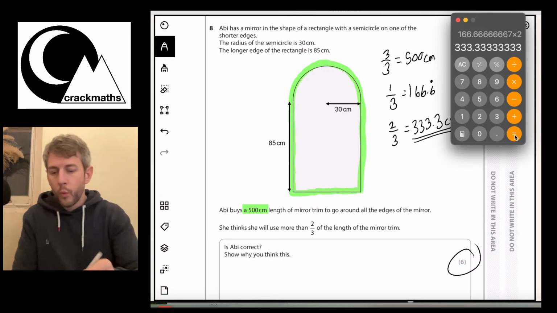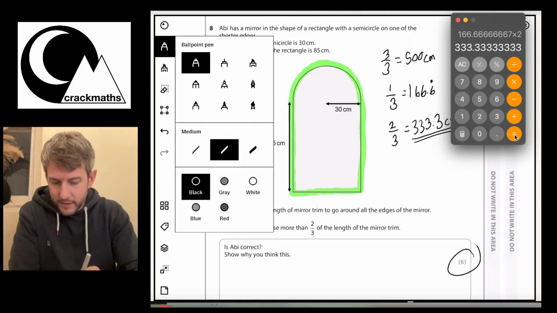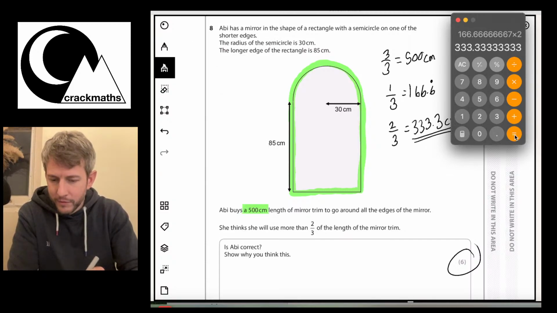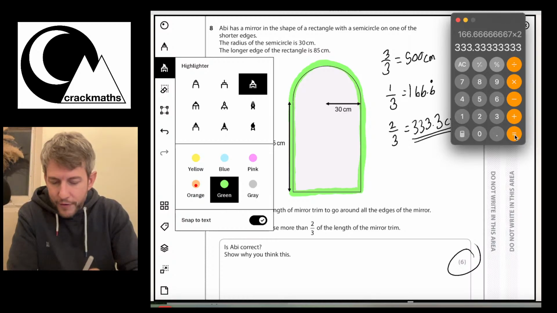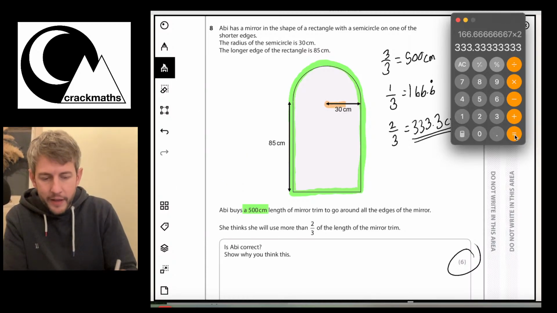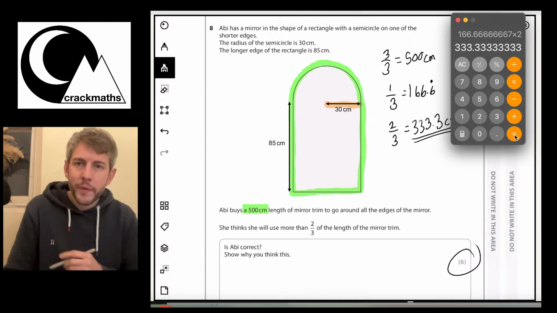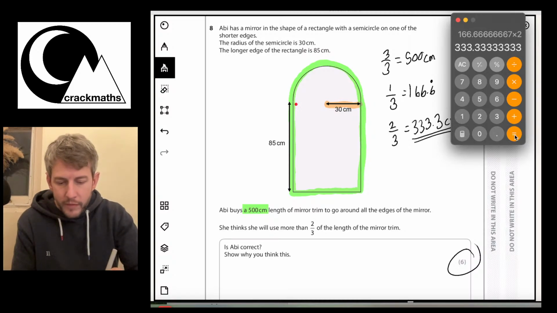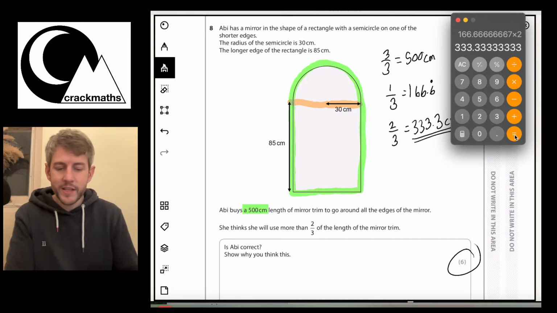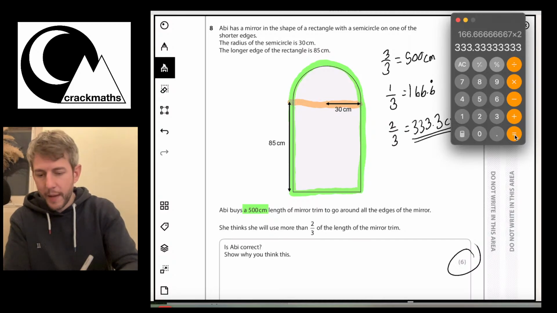Okay, so we know how much 2/3 of the mirror trim is. Right, the radius refers to this line here, okay? And you might be able to spot this, but this line here is half of all the way across. So the radius is half of what they call the diameter.